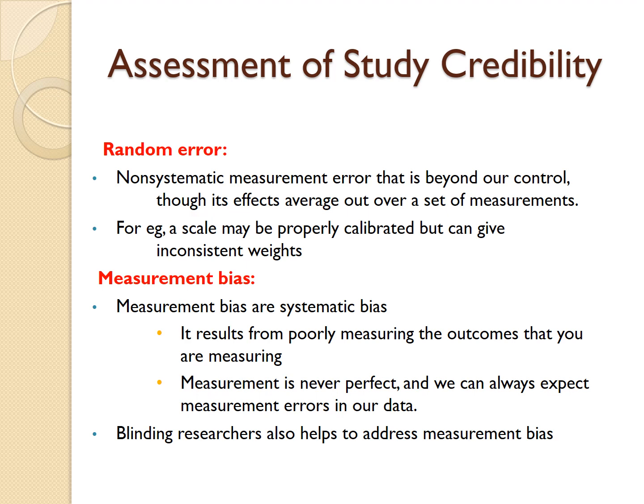They all can contribute to variability in the measurements, and thus can affect the results of a study. Random errors are non-systematic in nature, and they are beyond our control. However, the effects of random error get averaged out over the set of measurements.